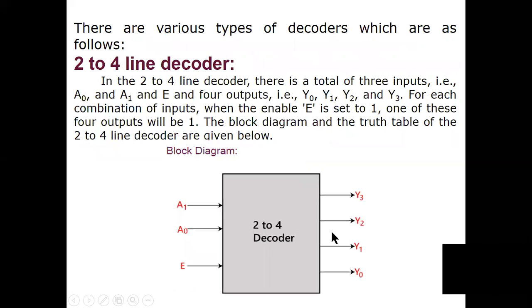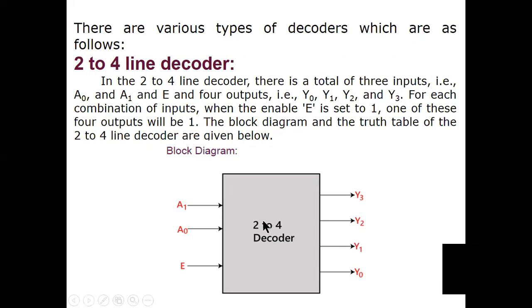Let us see. There are various types of decoder, which are as follows. The 2 to 4 line decoder has two inputs and four outputs. For one input, the output is doubled, and for another input, doubled again.